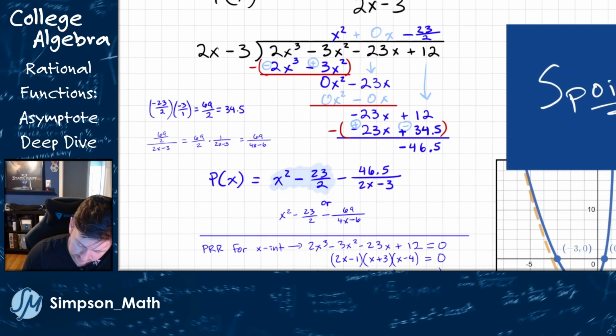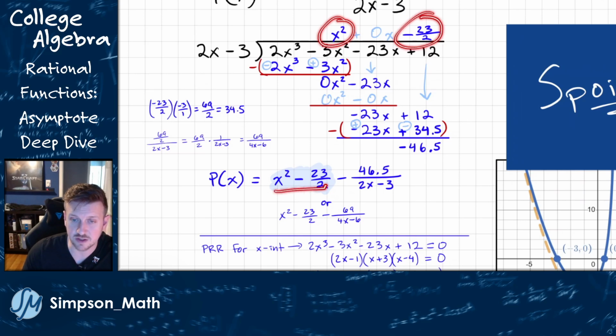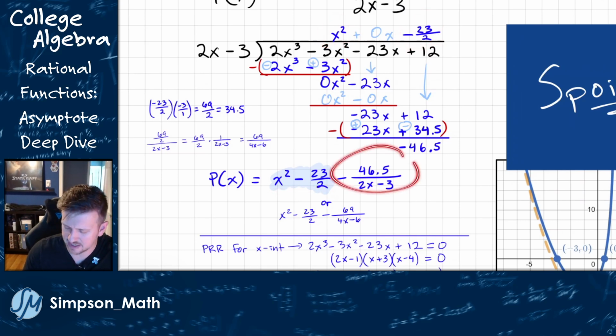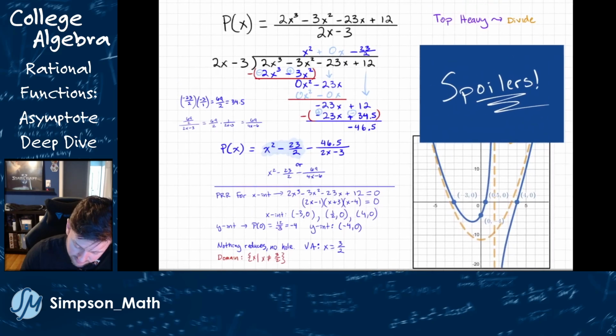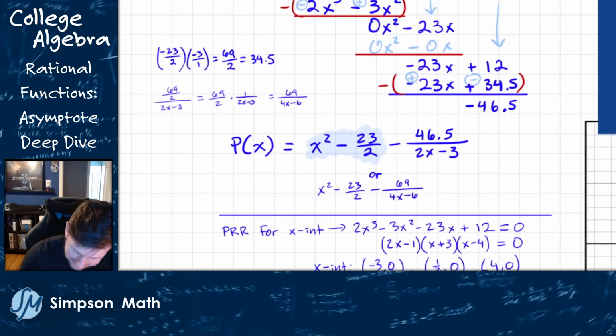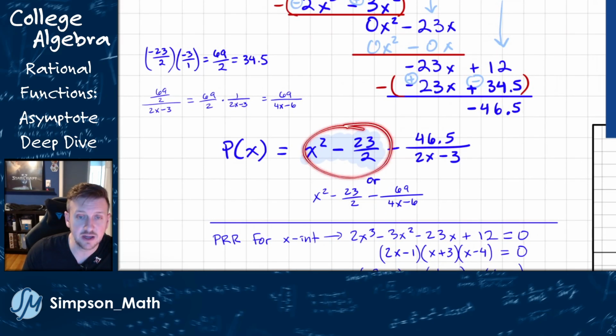So we have our quotient is 2x minus 23 halves. Those are our quotient, and then technically here's our remainder with the correct sign now. So then our end-behavior asymptote is this x squared minus 23 halves.